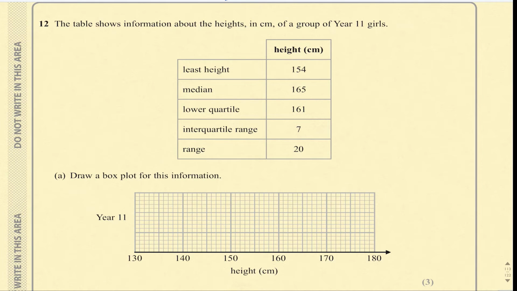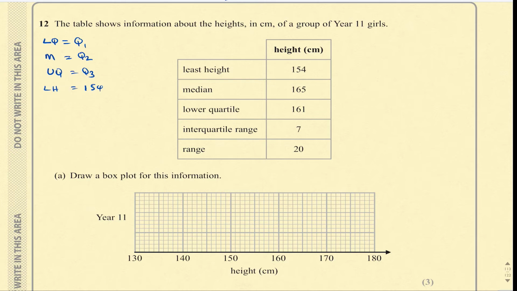We've been given a couple of pieces of information to draw the box plot. To draw a box plot, we need the lower quartile, which is Q1, and we need the median, which is Q2, and we need the upper quartile, which is Q3. We also need the lowest height, which is 154.